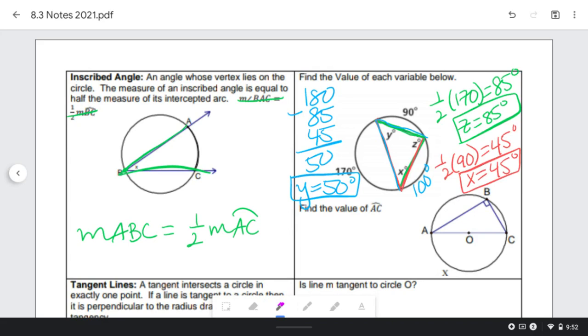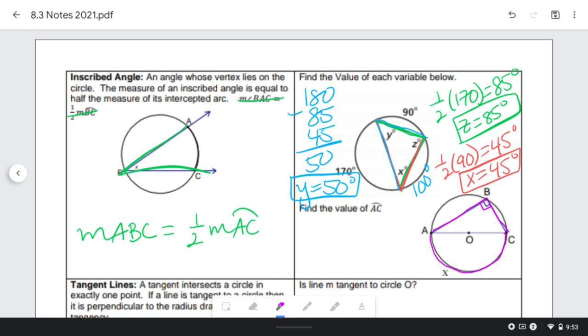Find the value of AC. So we have an inscribed angle right here, and we know that angle ABC is 90 degrees. So if that's 90 degrees, then the measure of arc AC is twice as much.